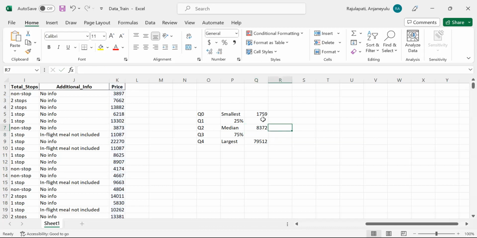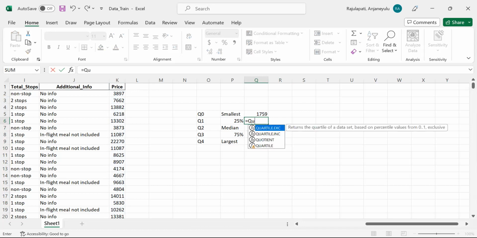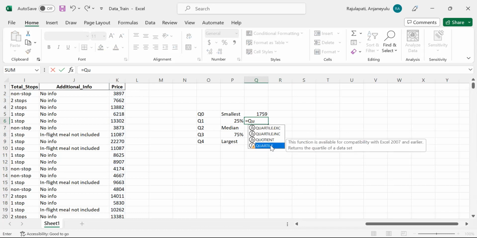Now I want to find Q1 and Q3. For finding Q1, Q2 and Q3, we have a function called quartile.